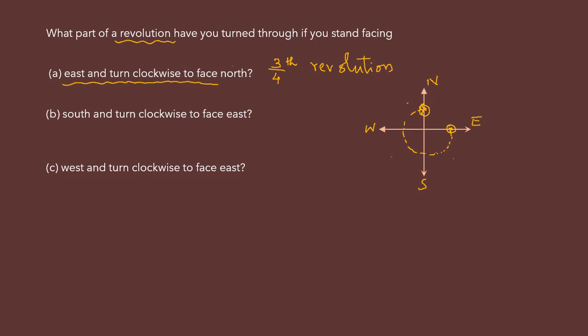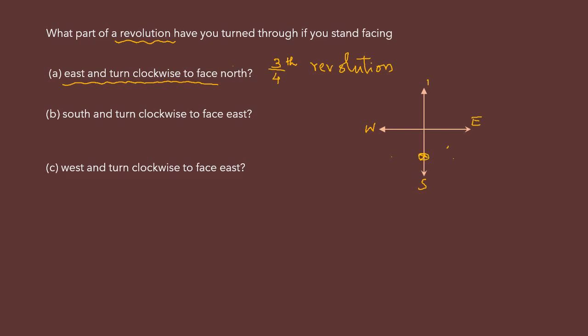Now, look at the second question. You are standing facing the south and you are turning clockwise to face east. So let us mark where you are standing. You are standing here in south, and you are turning clockwise to face east.